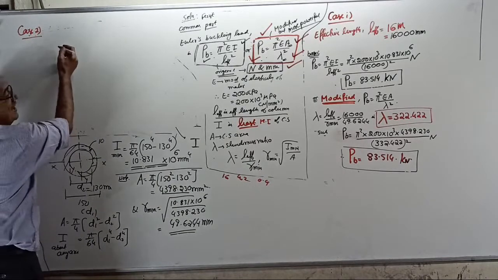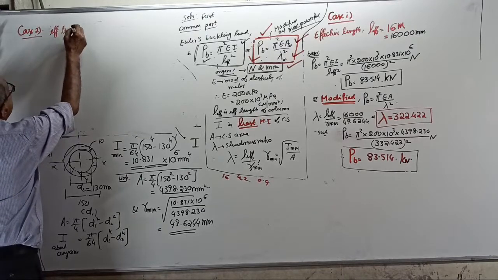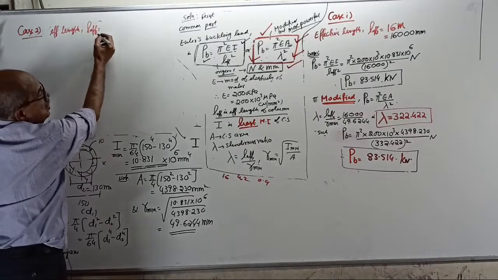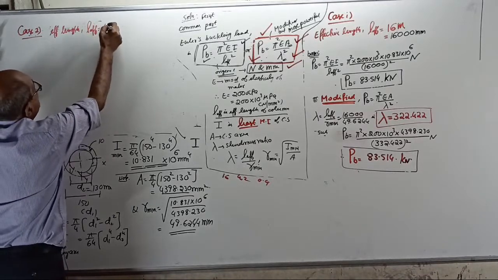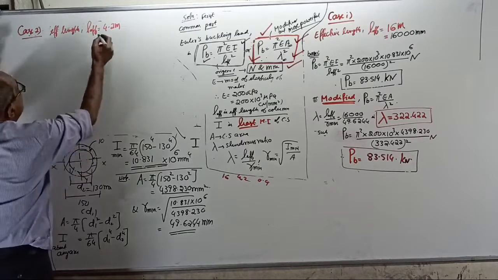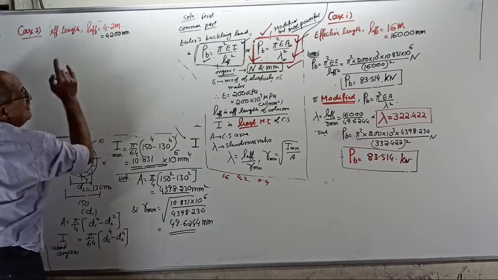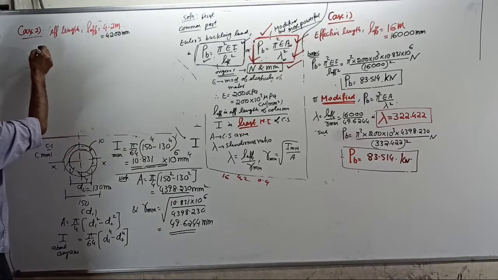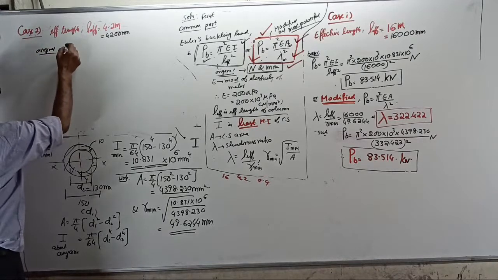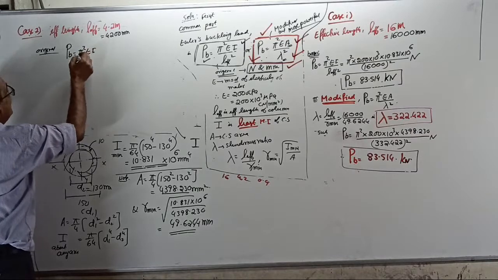Case 2 is your L effective length. See, this is not for time pass. Remember, L effective equal to, I told 4.2 meter, that is 4,200 millimeter. Therefore, here, if I use original formula, your buckling load PB equal to, what is the formula? Pi square EI by L effective square.